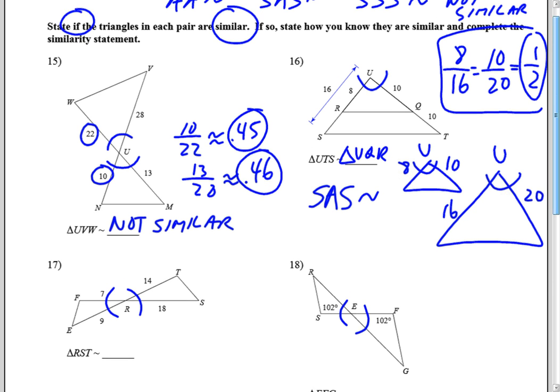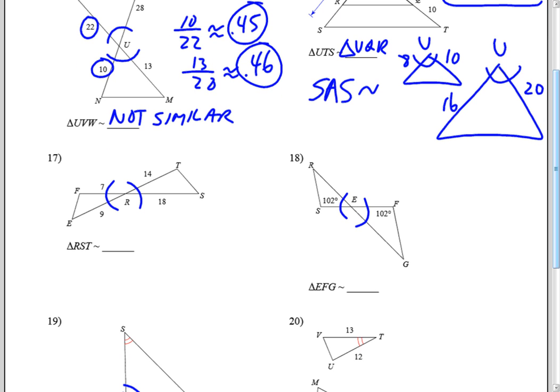So what's a possibility for number 17? Maybe SAS? It is SAS. And triangle RST goes with REF. 18 is definitely not SAS.